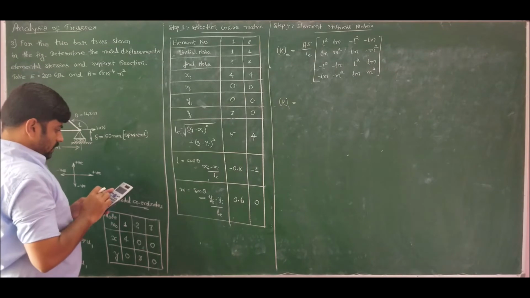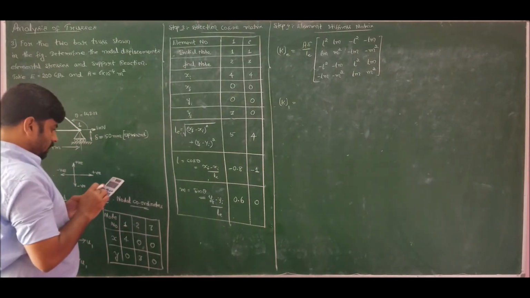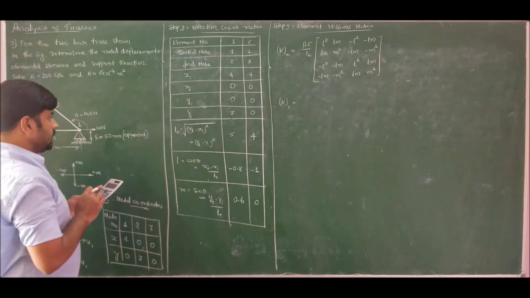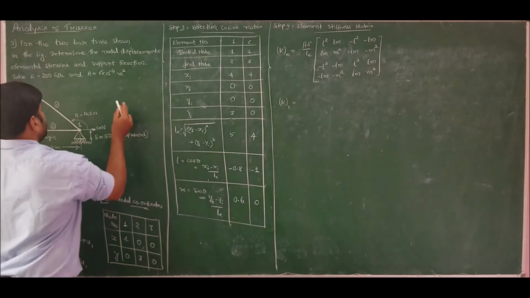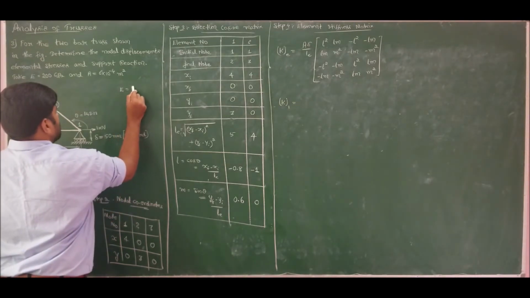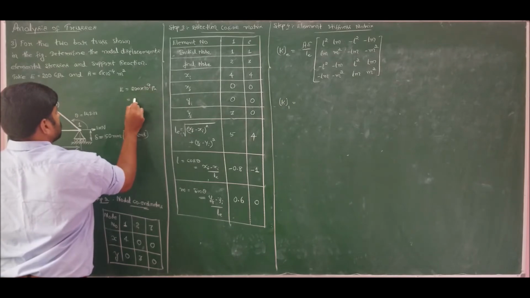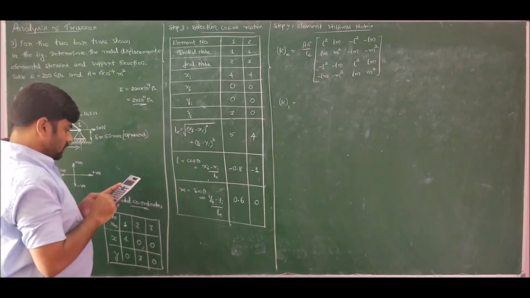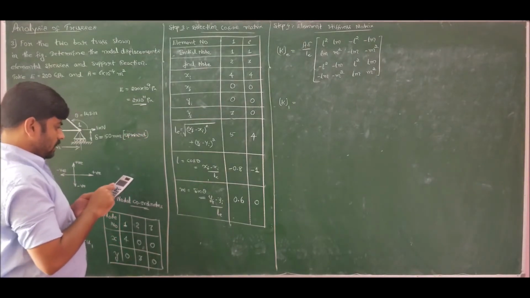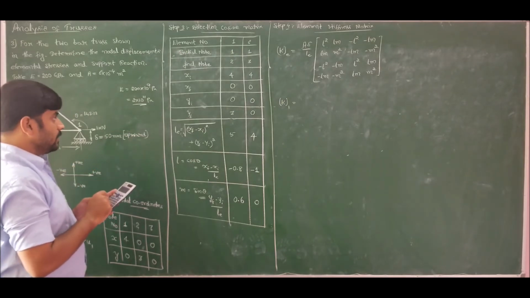K of element 1 will be: area is 6 into 10 to the power of minus 4, Young's modulus is 200 GPa. Since we are solving in meters, I should take E as 200 into 10 to the power of 9 pascals, which is 2 into 10 to the power of 11 pascals, divided by the length in meters.